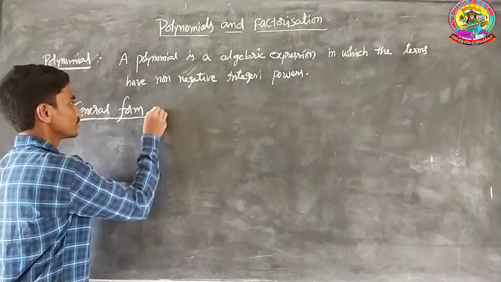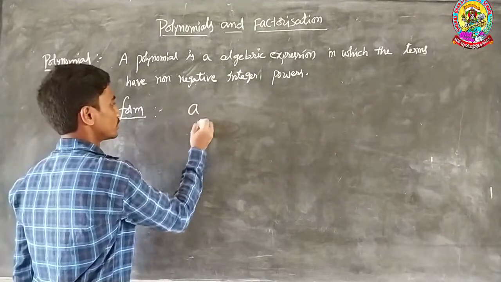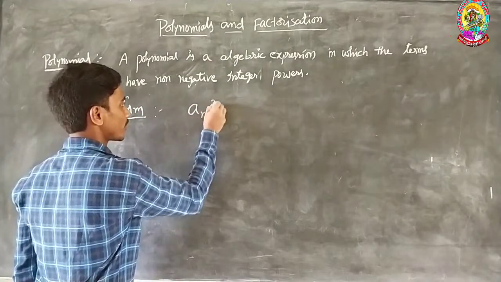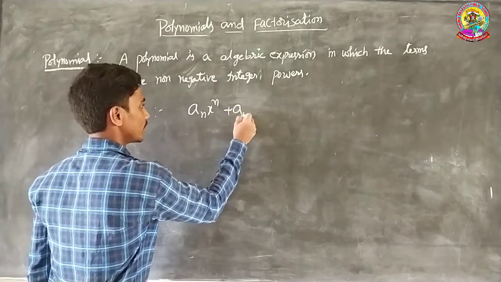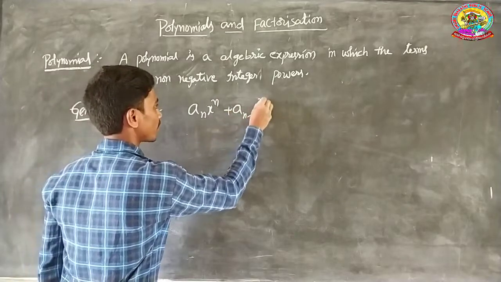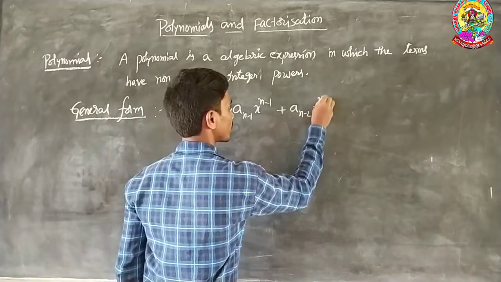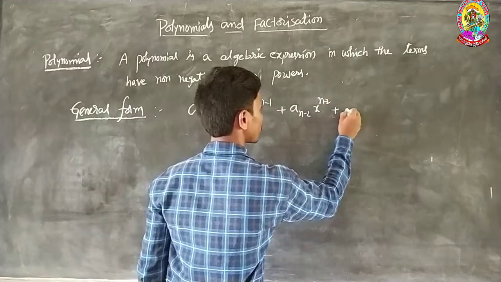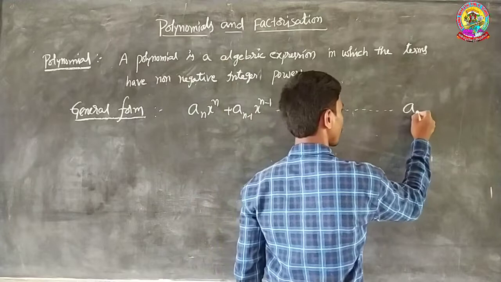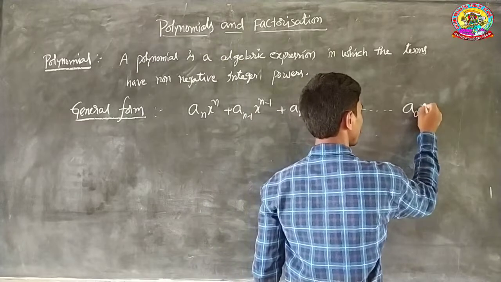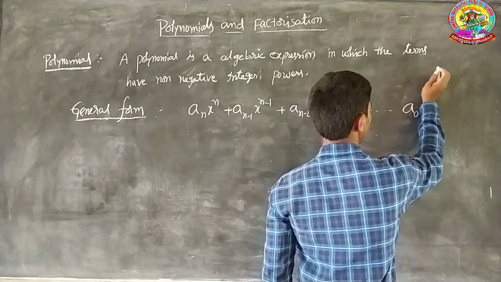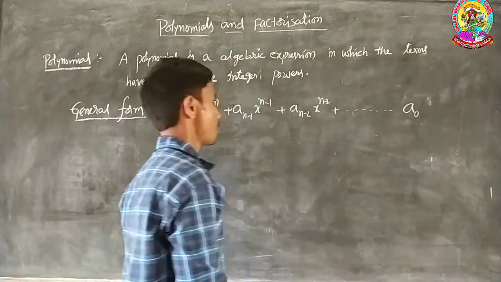General form of the polynomial: a n x power n plus a n minus 1 x power n minus 1 plus a n minus 2 x power n minus 2 plus and so on, a naught x power 0 or a naught. Clear?